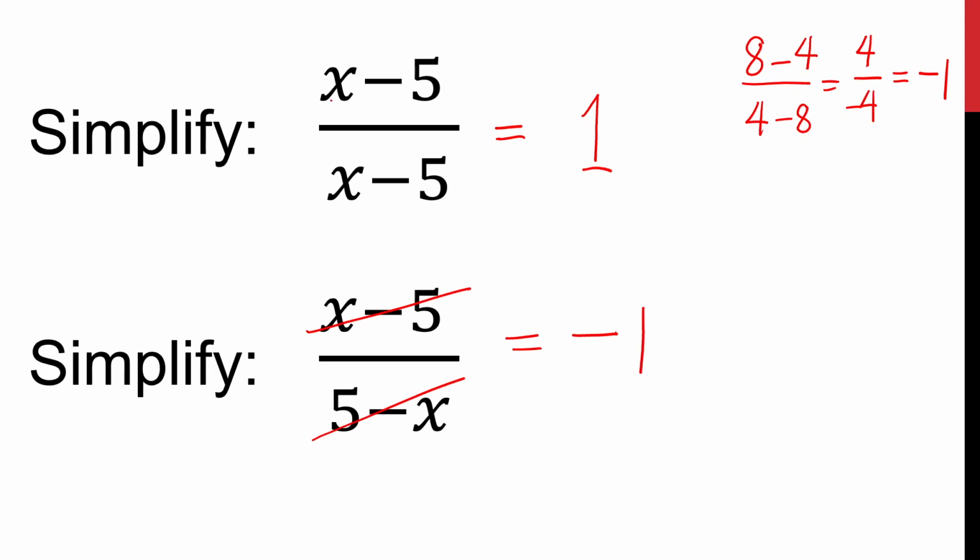Kini siya na-cancel out ni siya 1 kay the same man x og x, the same man 5 og 5. In our second example, ang x og ang x, ang 5 ug ang 5 nag-interchange man sila. Mao nang negative 1 ang result ana. Is this clear by the way? Yes, sir.